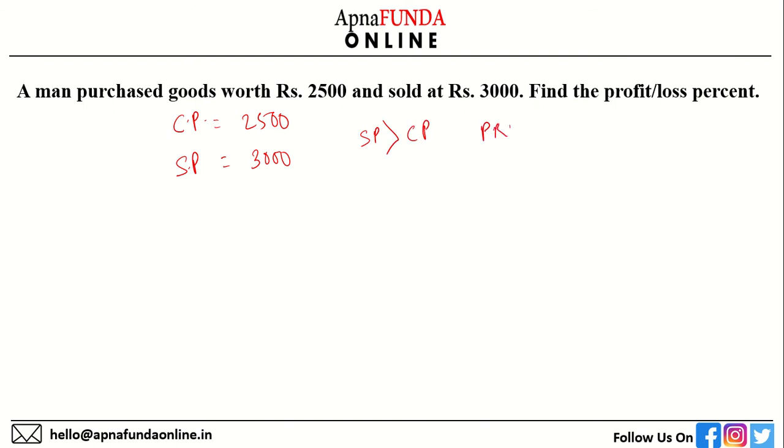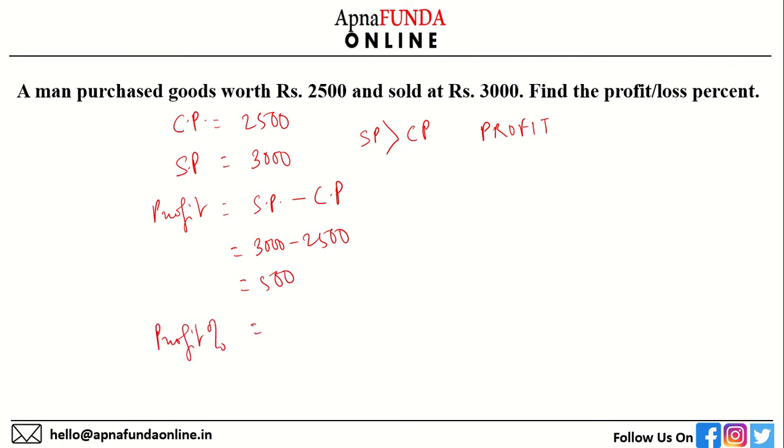This is a situation of profit. So profit is equals to selling price minus cost price. So profit is equals to 3000 minus 2500. So profit is 500.